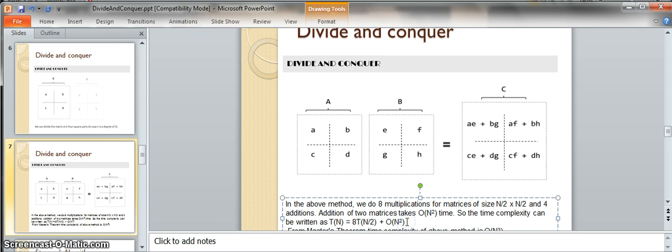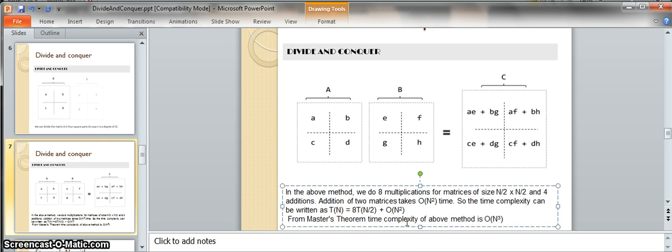If we apply the master theorem on this recurrence relation, we find the complexity is order of n cube. As we discussed above, the complexity of the standard matrix multiplication method is also order of n cube. There is no difference in the time complexity, so we introduce a new method.